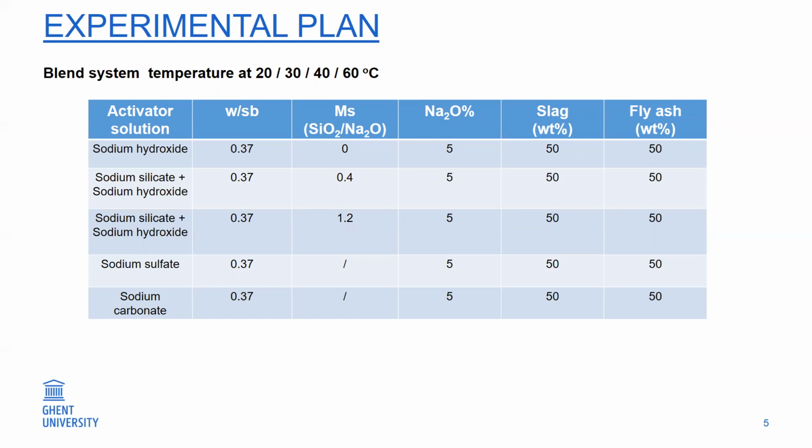For the combination of the sodium silicate and the sodium hydroxide, they have two different MS ratios of 0.4 and 1.2. And we are using the blended system of 50% slag and 50% fly ash. These 5 activator solutions and their precursors will be tested at the temperatures of 20, 30, 40, and 60 degrees.